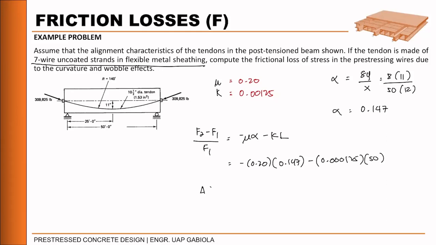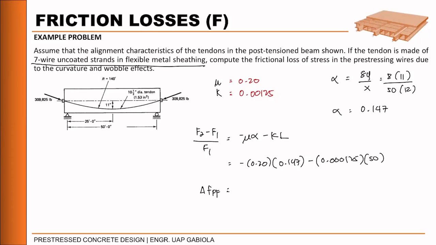So, 0.2 times 0.147 minus 0.00125 times 50. So we have a value of 0.0125 ba?